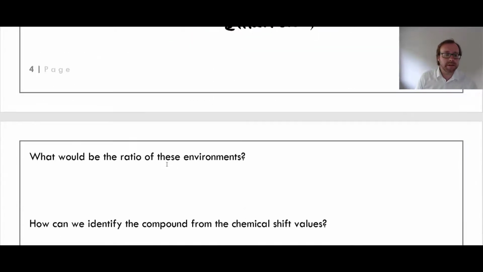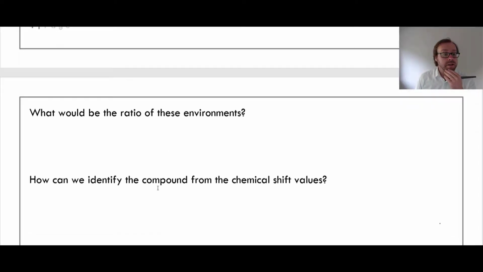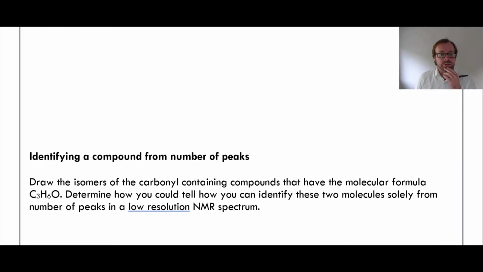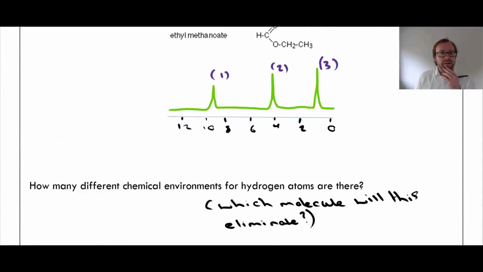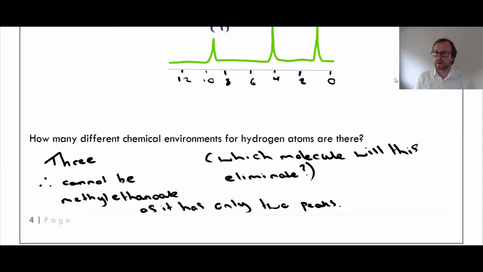Okay. Next question. What would be the ratio of these environments, so the number of hydrogen atoms in the environment? And how can we identify the compound from the chemical shift values? Okay, right, have a go at this and then we'll go through it together. Okay, actually for this one, we'll go through each question together.